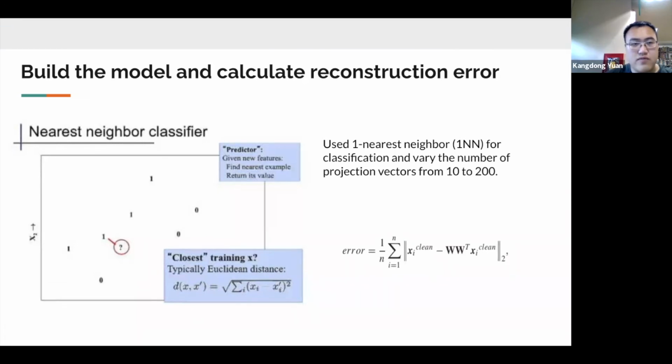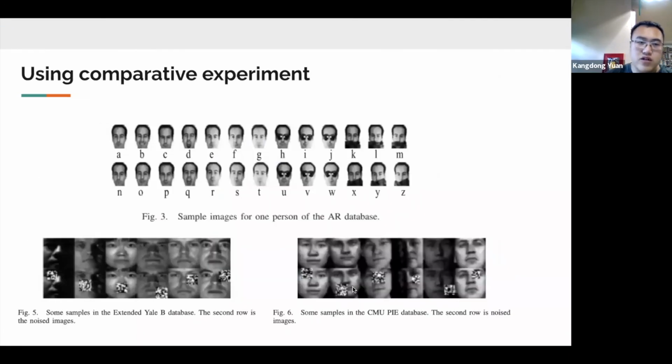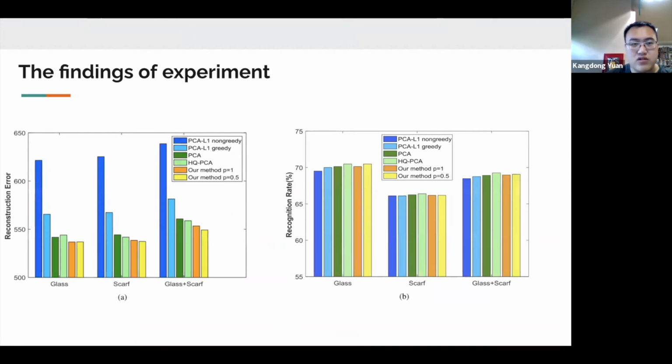The finding of the experiment: in reconstruction error, the L2 PCA with P equal to 0.5 gets the lowest reconstruction error, and the L1 PCA gets higher reconstruction error than any of the L2 norm PCA.